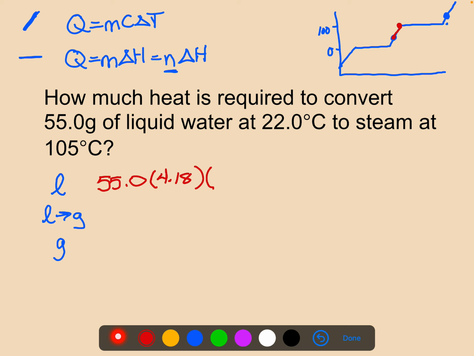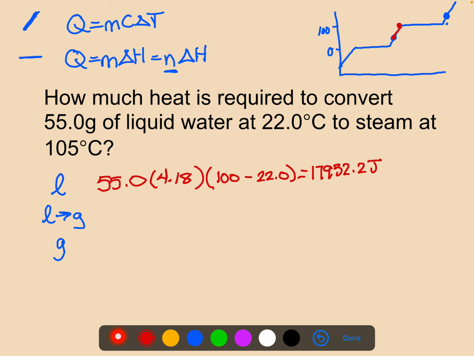It doesn't go past that flat line. So our change in temperature is going to be the 100 minus the 22 degrees Celsius. And if we multiply across, that is going to be 17,932.2 joules. Sig fig wise, I'm going to come back in a moment and look at sig figs, and you'll see why.